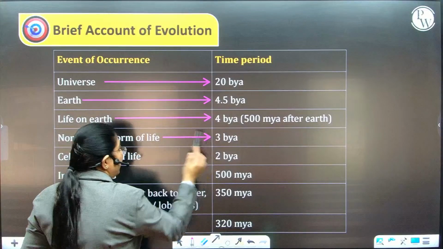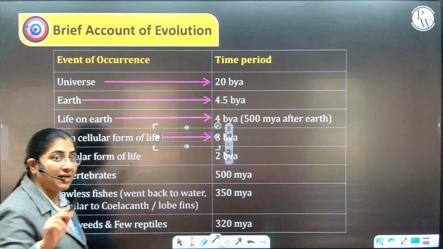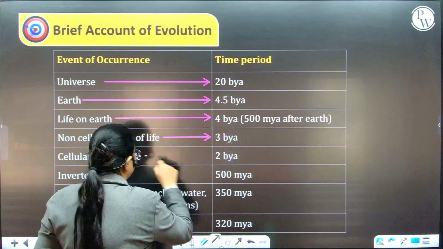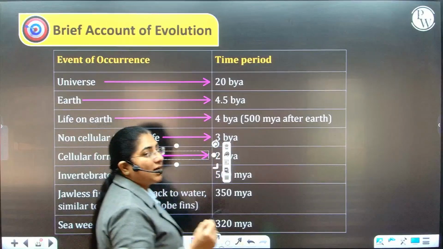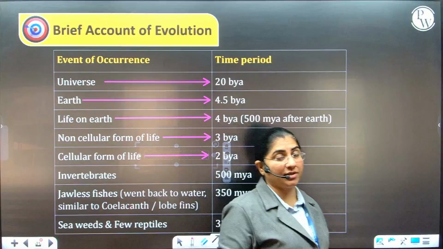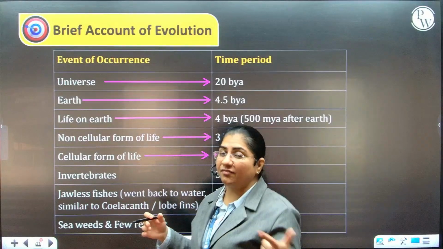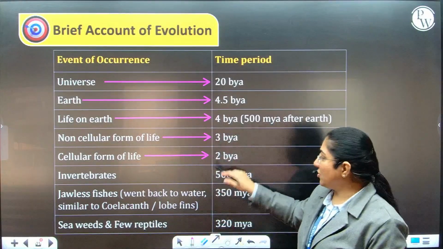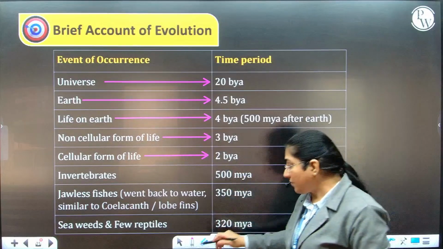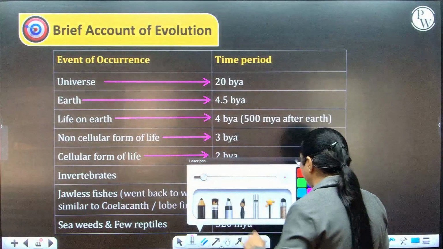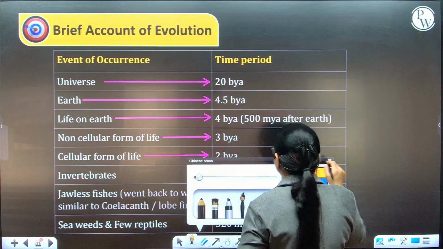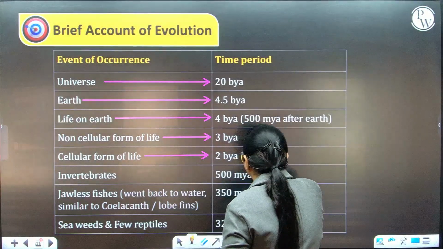Non-cellular form of life, 3. Cellular, what did I tell you? Yes, 2 billion years ago. Non-cellular forms were giant macromolecules, I told you, which were polysaccharides, RNA, proteins, etc. Cellular form of life, 2 billion years ago. And these, if you remember, were basically aquatic.